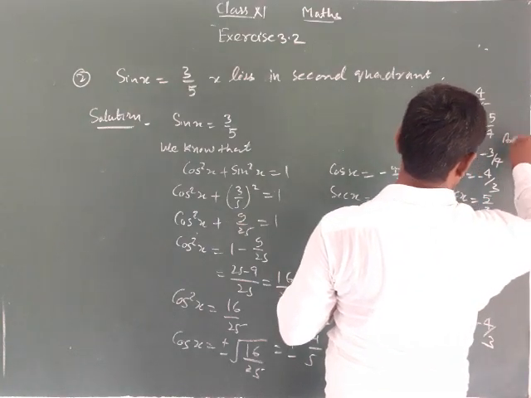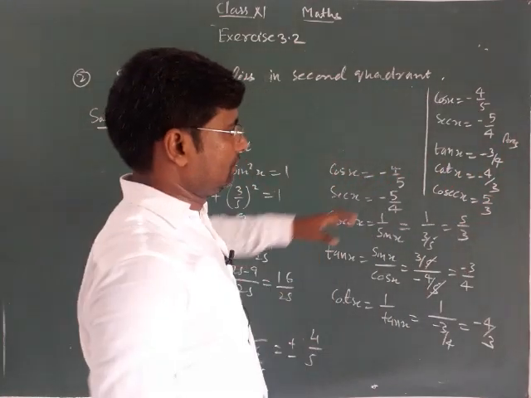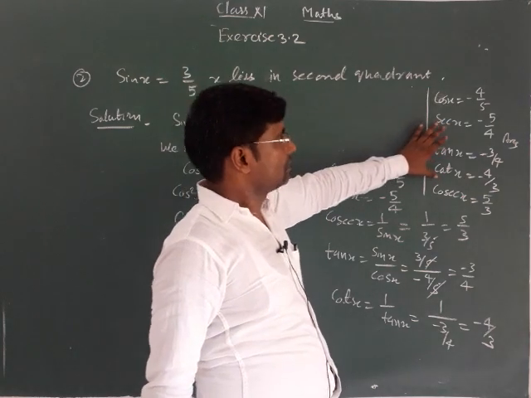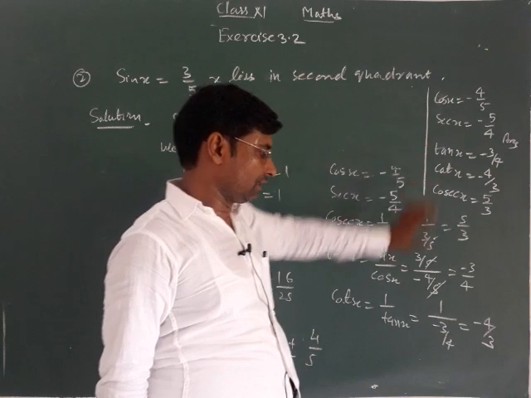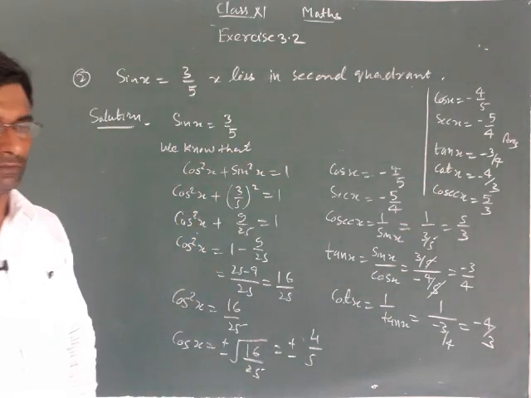This is the answer. These 5 ratios lie in the second quadrant. That's all. Thank you.